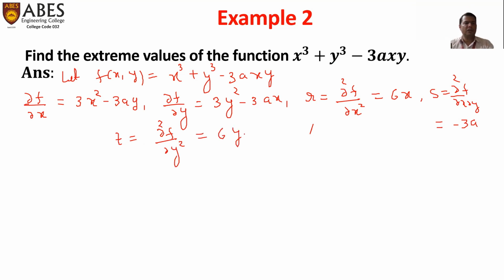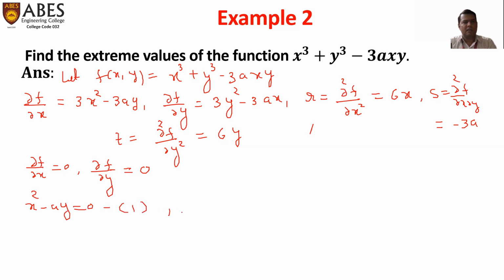Now for a stationary point, we put del f over del x equals 0 and del f over del y equals 0. So we get two equations. One is x square minus ay equals 0. This is equation 1. And second is y square minus ax equals 0.